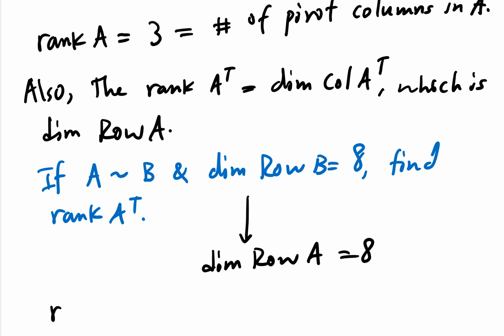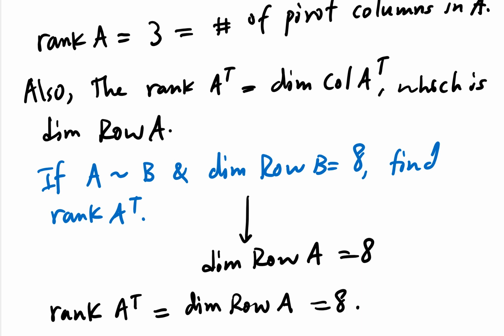So now the rank of A transpose is the dimension of the row space of A, right? Which is 8. That's what the note says right before this example.